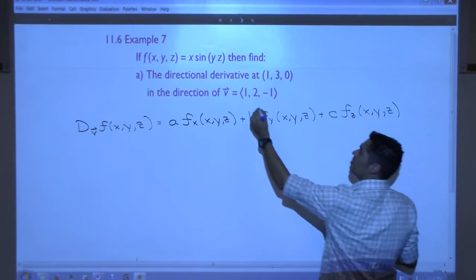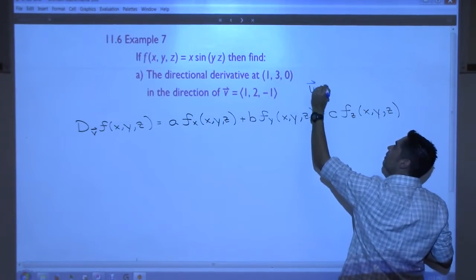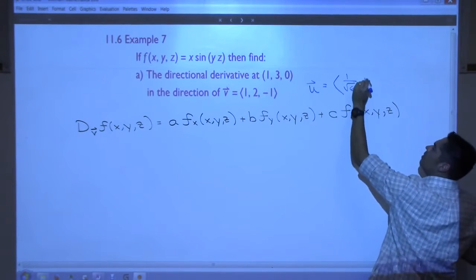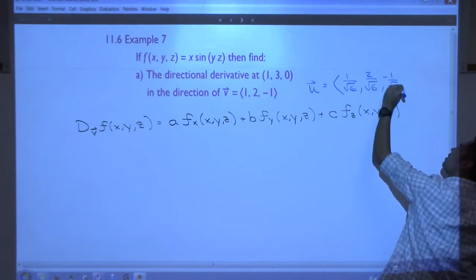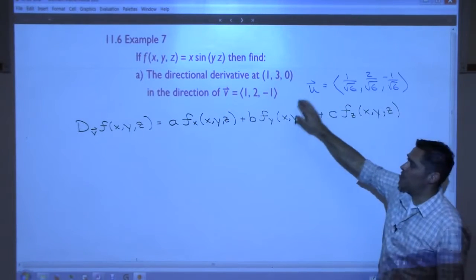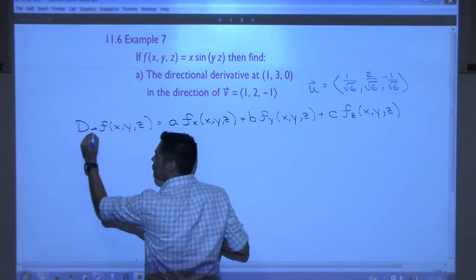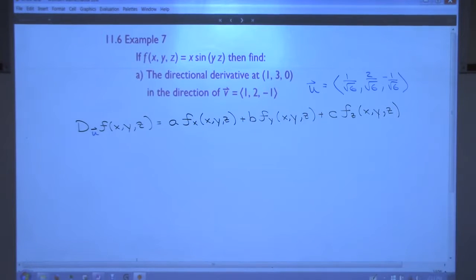So if I take this and I'll call it u, I'll just scale this: 1 over root 6, 2 over root 6, negative 1 over root 6. Now that's a unit vector that points in the same direction as v. And so I should not call this v anymore, I should call this u. I was doing that intentionally. I wanted you to accidentally stumble into that, to remind you must make it a unit vector.